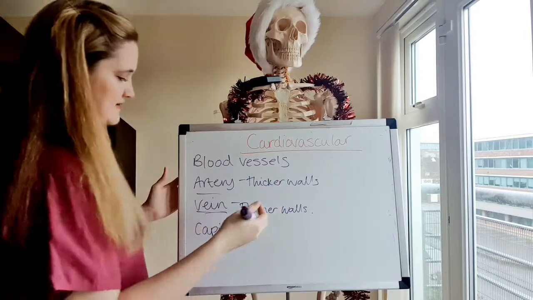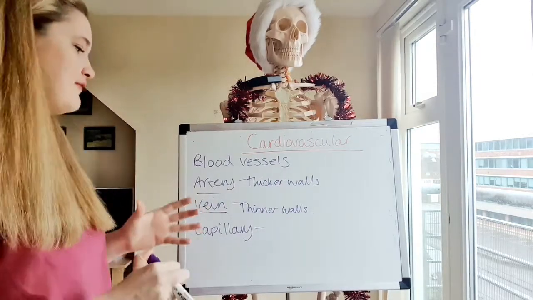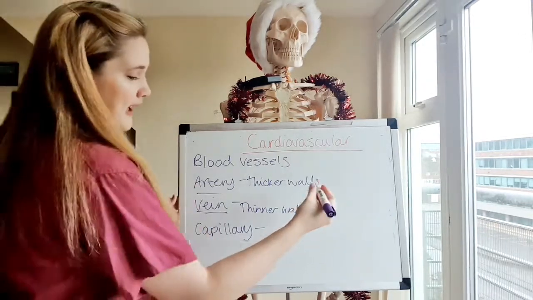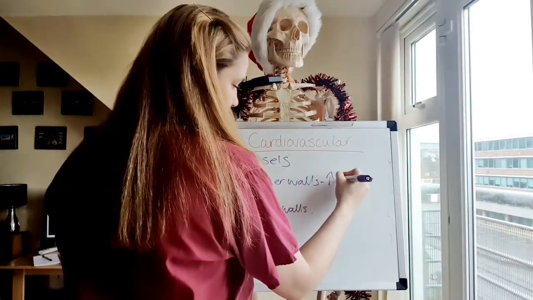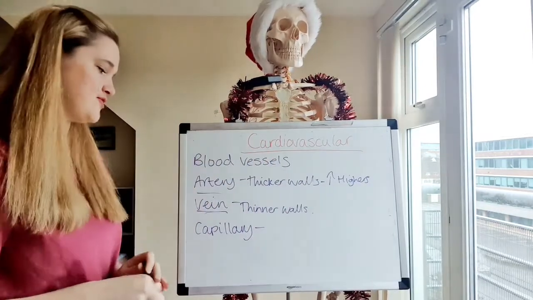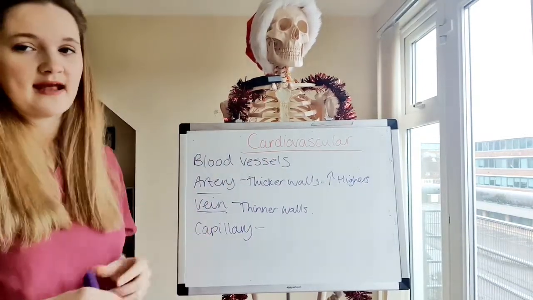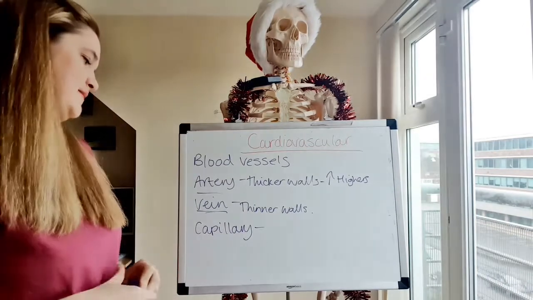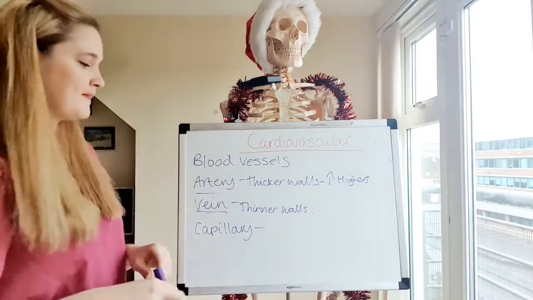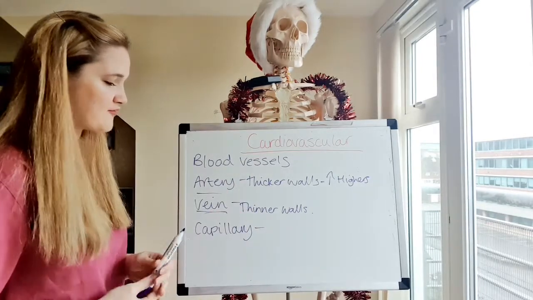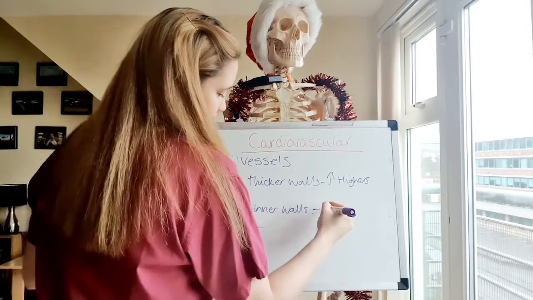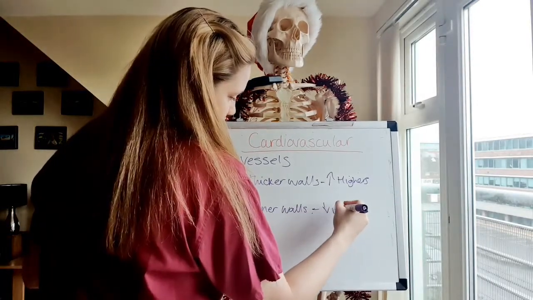The reason for this is that arteries carry oxygenated blood, which travels at a much higher pressure. So the walls of these arteries need to be able to withstand the pressure of that blood whizzing through them. Veins carry deoxygenated blood, so they need thinner walls. Even though blood through your veins travels at a faster rate, it's at a very low pressure comparatively.